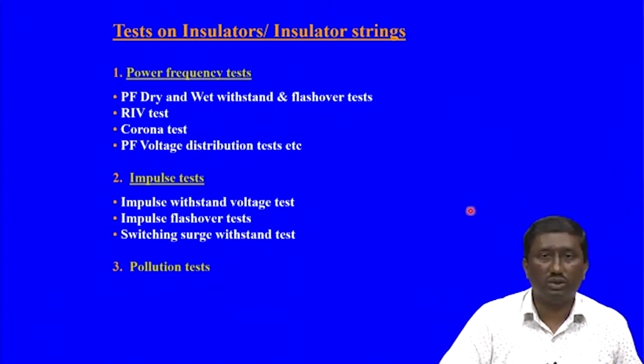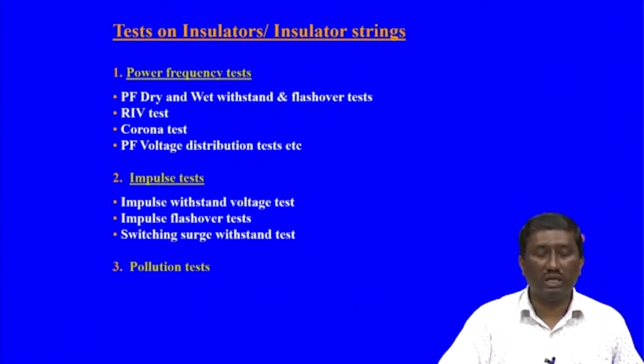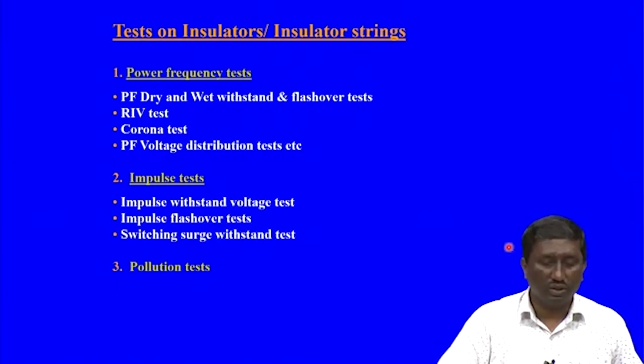So, the distribution of potential across these insulator discs has to be taken care of, else the insulators near the line end could see more stress and may not be able to sustain for a longer period of time. So, that is one of the reasons why the power frequency voltage distribution tests are to be carried out for long insulator strings. That is the power frequency test.